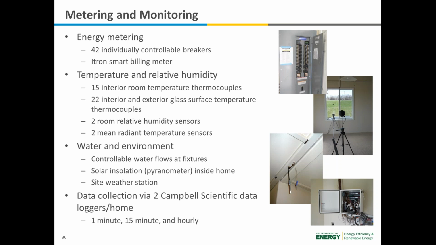We have 2 relative humidity sensors, 2 mean radiant temperature sensors, and some water sensors that aren't really applicable here, but we have that capability. The data logging technology that we use is Campbell Scientific CR1000s. And this gives us minute data, 15-minute averages, or hourly averages. So we'll talk more about that later when we talk about some of the savings.